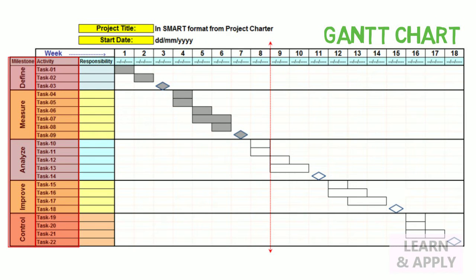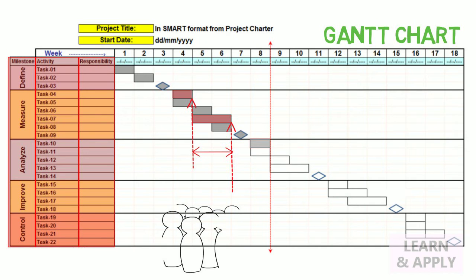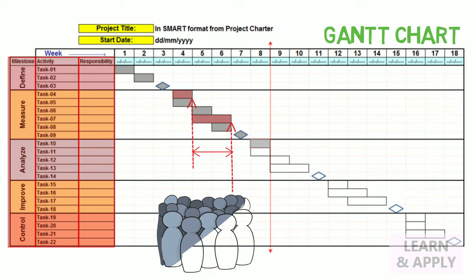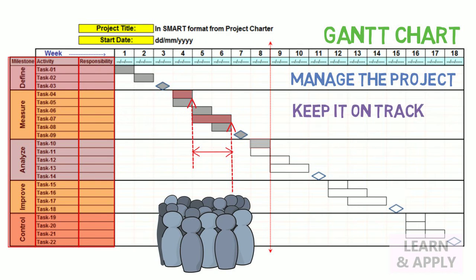A Gantt chart is a bar chart that shows the tasks of a project, when each of the tasks must take place, and how long each task will take to get completed. As the project progresses, bars are shaded to show which tasks have been completed. We can also mention the responsibility of people for each of the tasks. It is an extremely useful tool for the black belt, sponsor, as well as project team because it helps to manage the project and keep it on track.